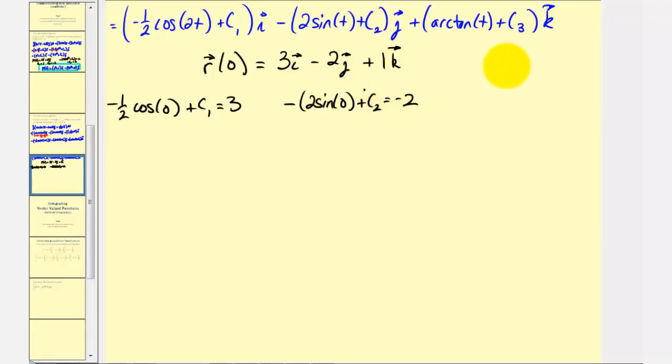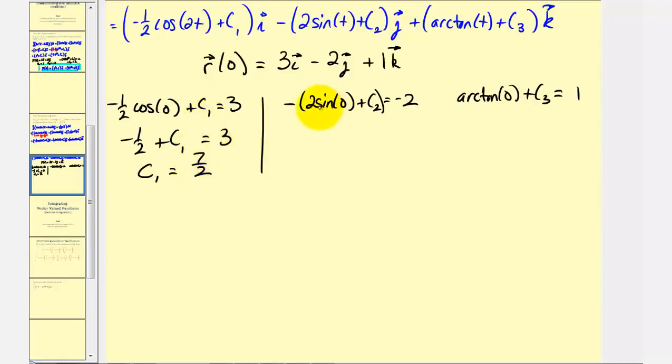Looking at the z component, notice that arctangent 0 plus c sub 3 must equal positive 1. Well, cosine 0 is equal to 1, so here we have negative 1/2 plus c sub 1 equals 3. Adding 1/2 to both sides, that would have c sub 1 equals 3.5 or 7/2.